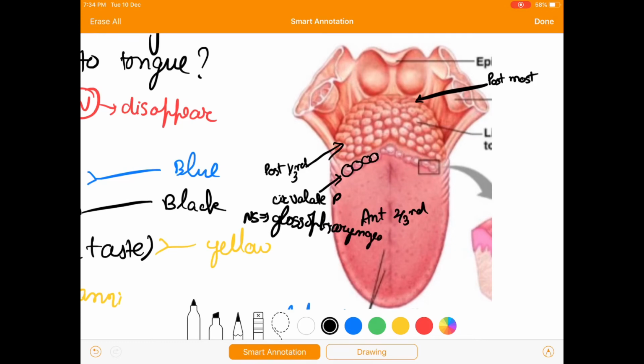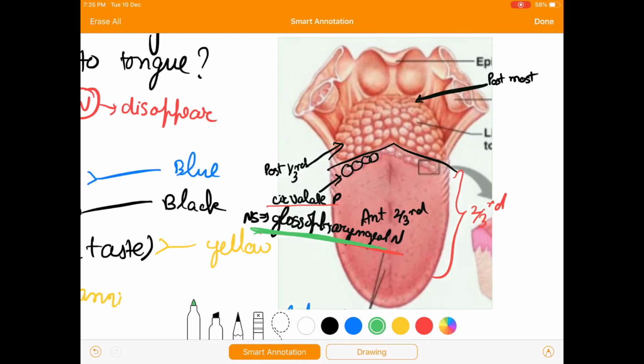Okay, though these papillae lie in anterior 2/3 of the tongue, then also it receives its nerve supply from glossopharyngeal. This is the exception. Right?